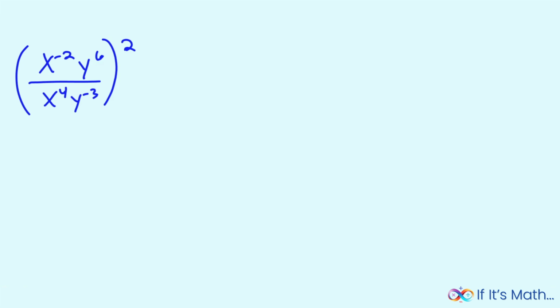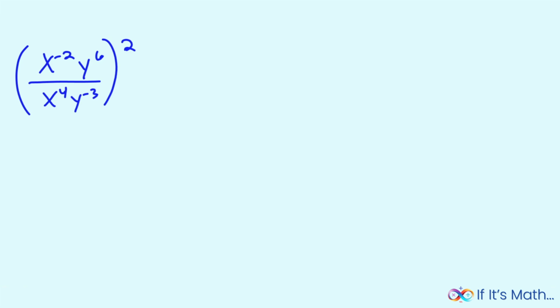Because technically, you can take this exponent and distribute it through everything in here and everything in here. But I really advise against that, because you're going to have to be doing this to everything in here when some of this is going to simplify out. So you're going to make life a lot easier for yourself if you simplify what's inside and then raise it to the exponent, because you'll be doing less work in the long run. So let's go ahead and take a few of these first steps.